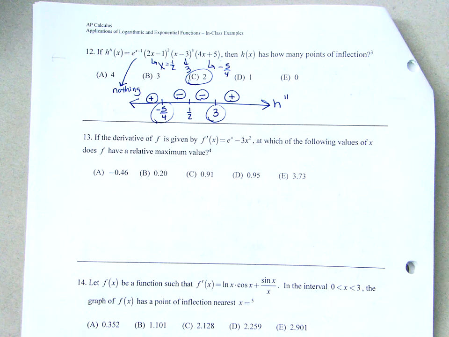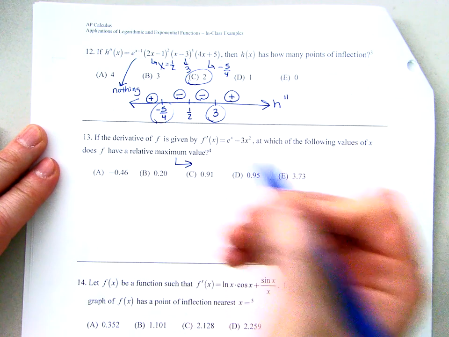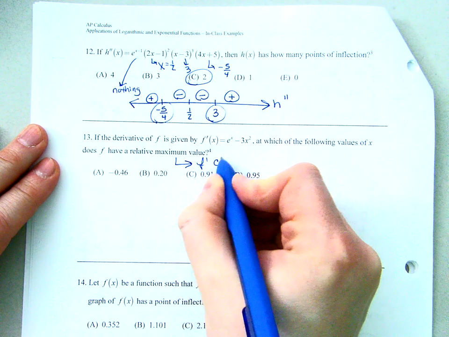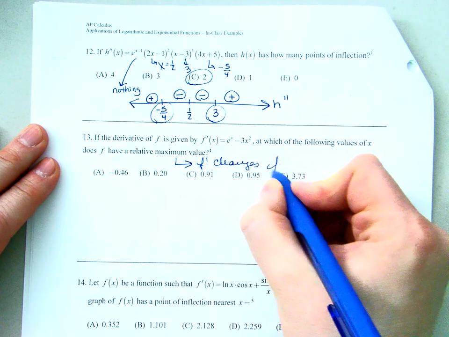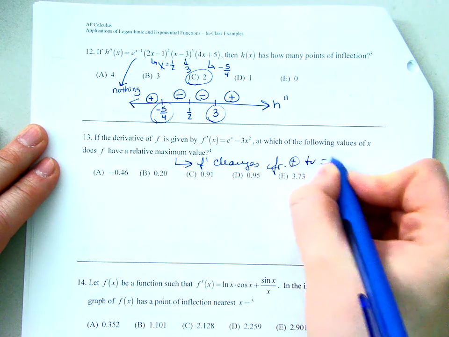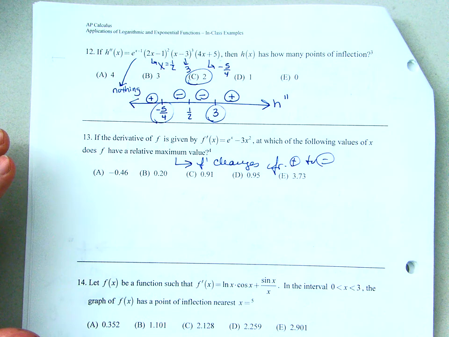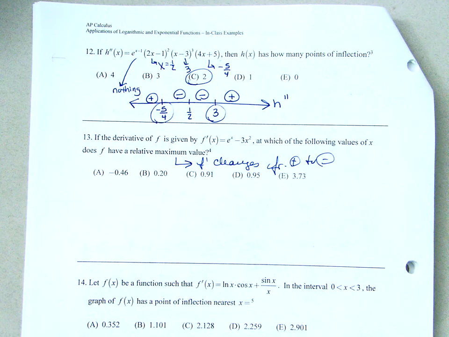What are we looking for to have a relative max? What's the definition of a relative max? F prime changes from positive to negative. I gave you the formula for f prime. So what are you looking at when you graph it? The y values, the slope? Where the y values change from positive to negative. Go see if you can figure that out.